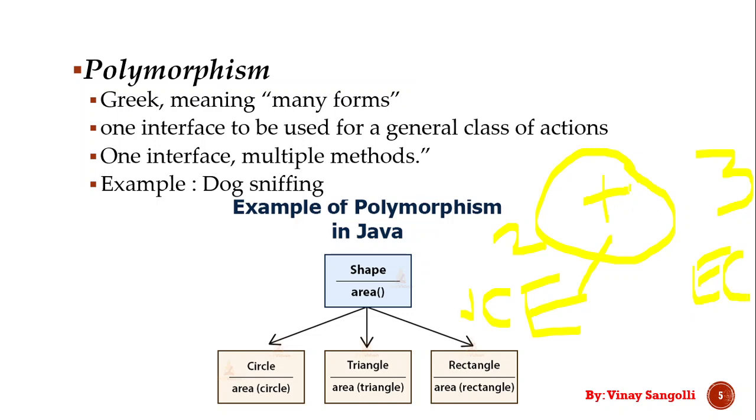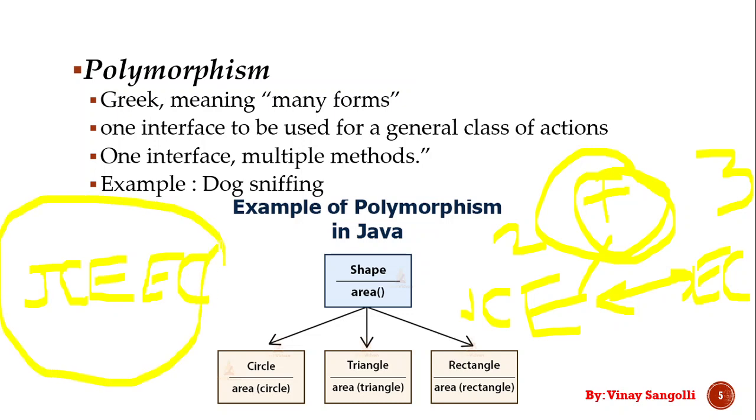Now, the same addition symbol can also be used to join these two strings. So when I use an addition symbol in between these two, the output I would get is JCE joined with EC. The output I will be printing is JCE EC, which we call concatenation.